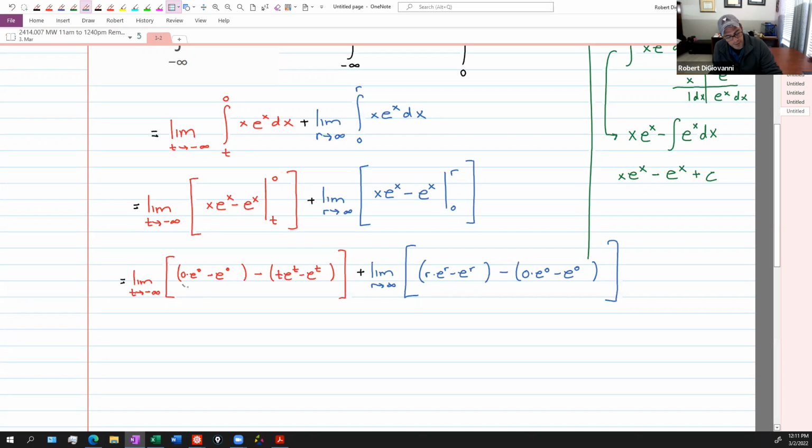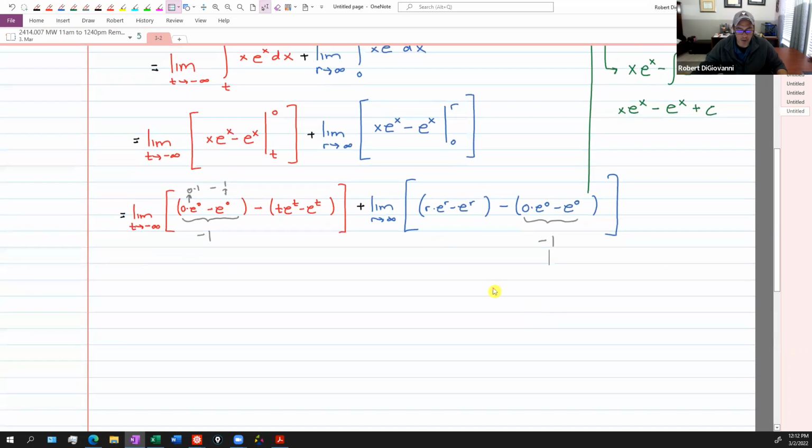Okay, this becomes -1 because e to the 0 is 1, right? So this becomes 0 times 1 minus 1. So that's just -1. And then over here on this one, we also have -1, right?